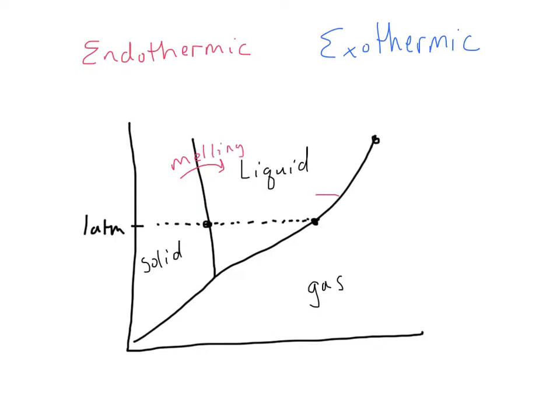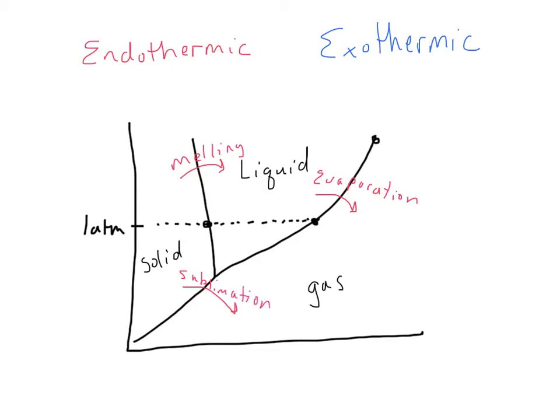Going from a liquid to a gas, what we know as evaporation, also takes heat or energy. And going from a solid to a gas, which is called sublimation, also takes energy or heat.